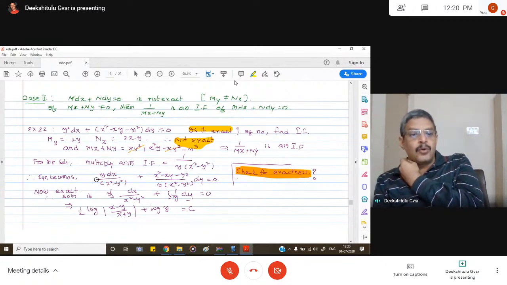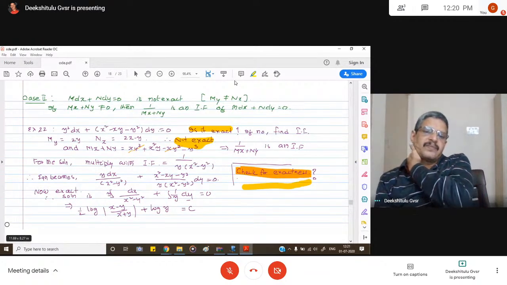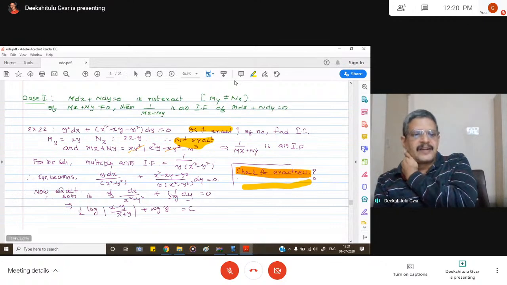So now dou M1 by dou y and dou N1 by dou x we have to find. This is why I have written a comment, check for exactness. Okay, so we get an exact equation, because after multiplying by the integrating factor it just becomes exact.